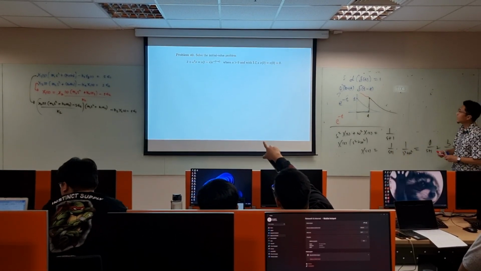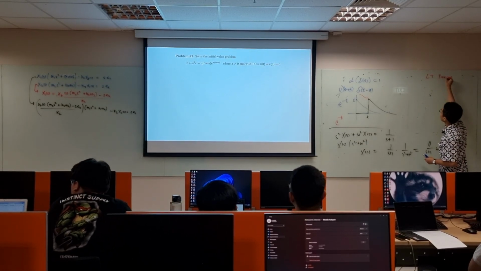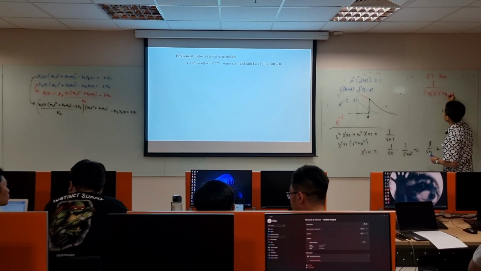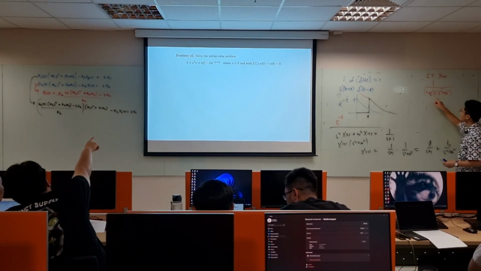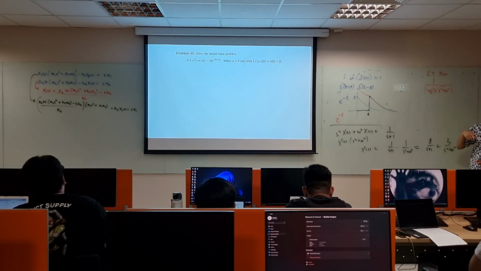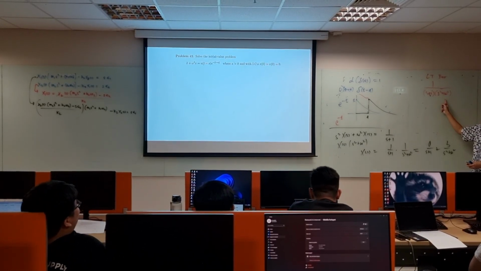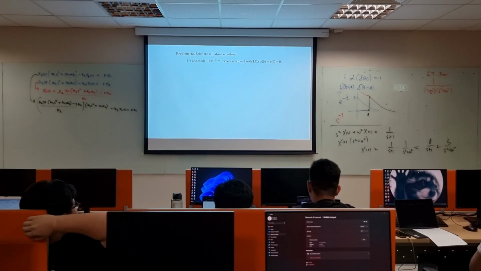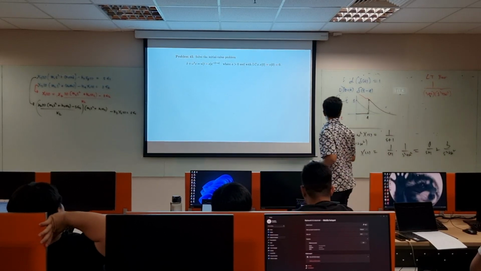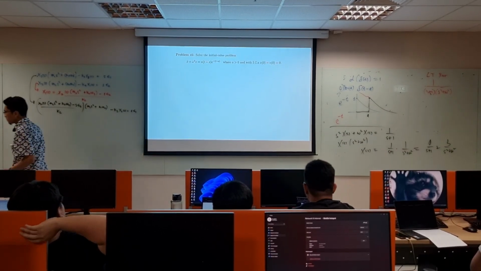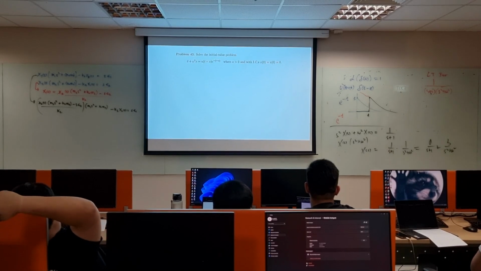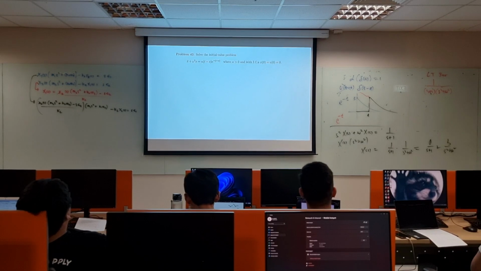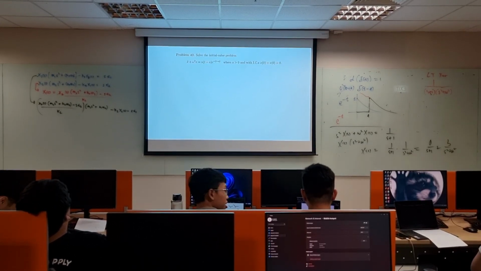The question is, do you have the LT pair of 1 over s plus 1 multiplied by s square plus omega square in the table? Do you have s plus 1, or s plus something? Well, if you find it, you can.